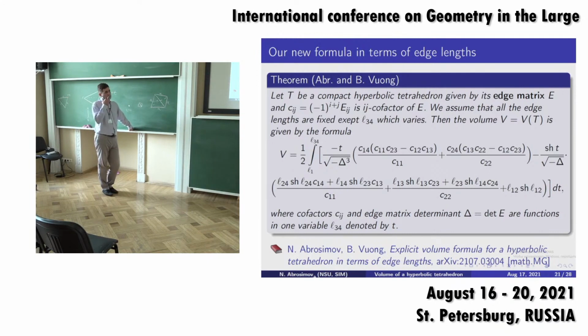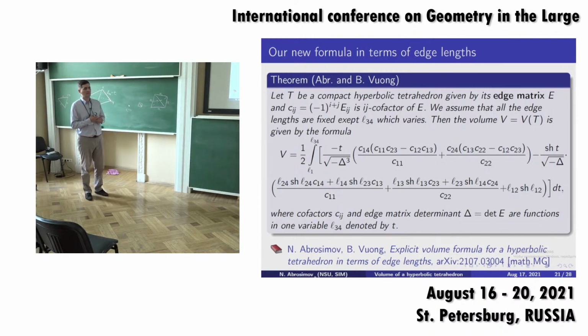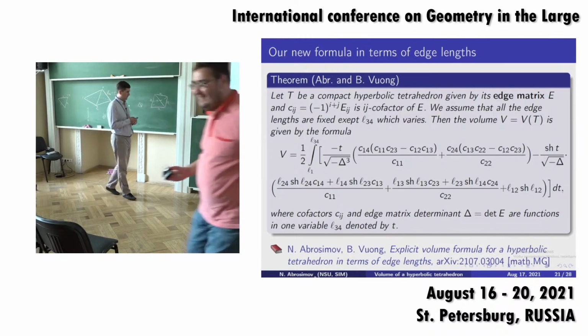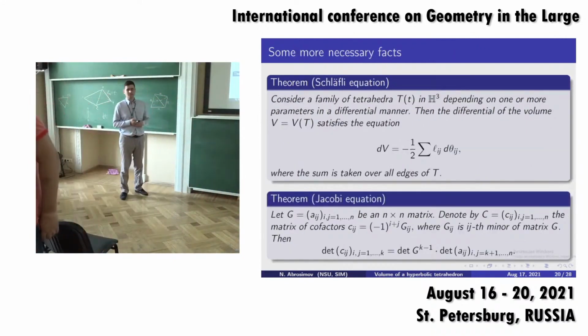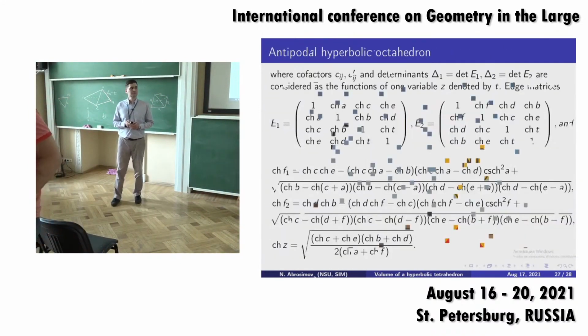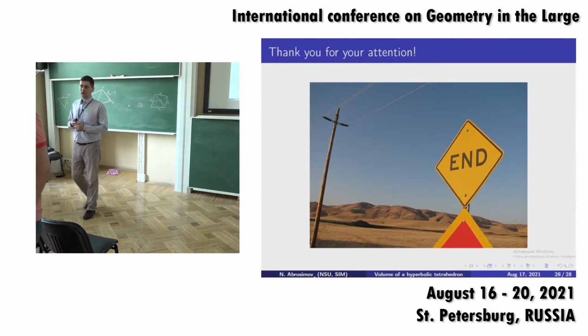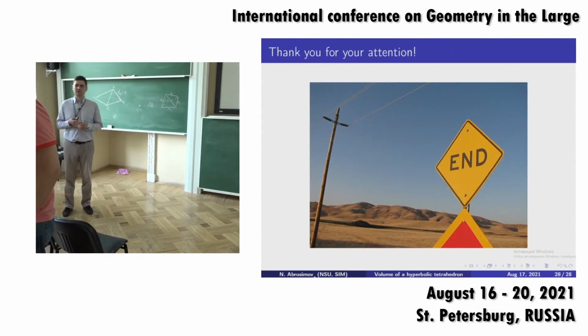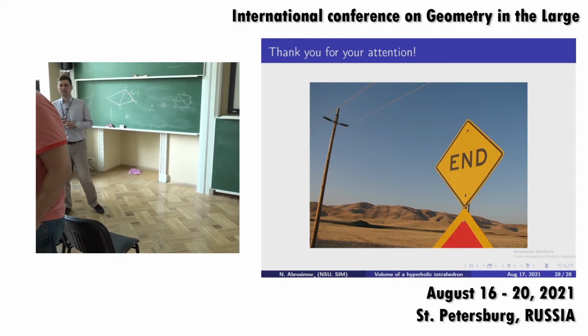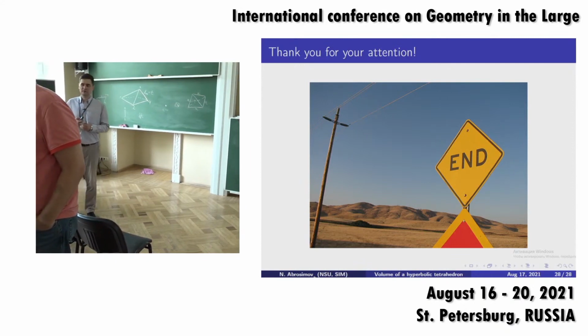One more question? Okay. Do you have any restriction on the dimension of the hyperbolic space? Well, this formula is just for the three-dimensional hyperbolic tetrahedron.